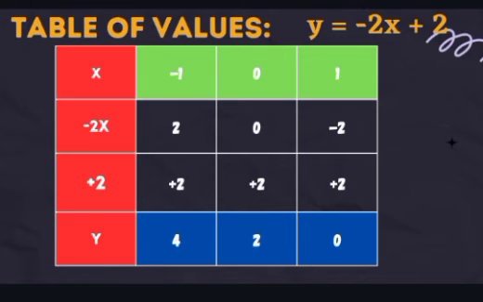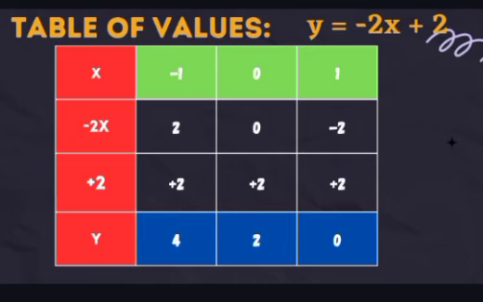That is why we have 2 in the second blue box. For the last blue box, add up the numbers in the black boxes. You have minus 2 plus 2. Now minus 2 plus 2 is going to give us 0. And that is why we have 0 in the third blue box.